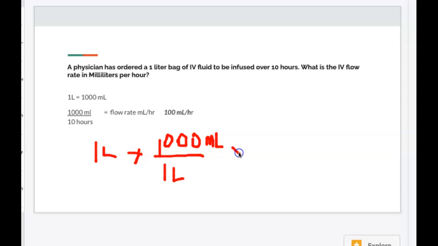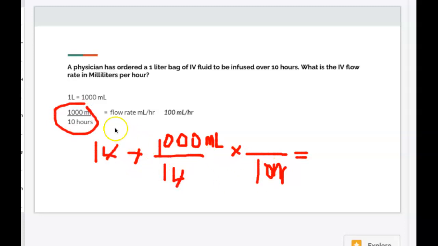And then we want to put our time in there, and we are looking at 10 hours. Okay, so then you're going to get milliliters per hour, because these are going to cross off here. And if you divide that, your correct answer is right here. There's 100 milliliters per hour.